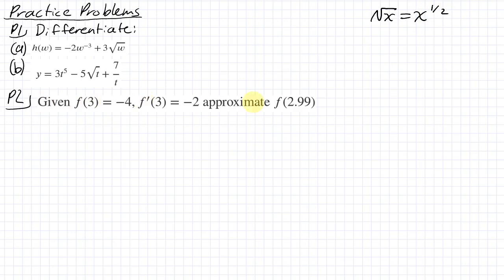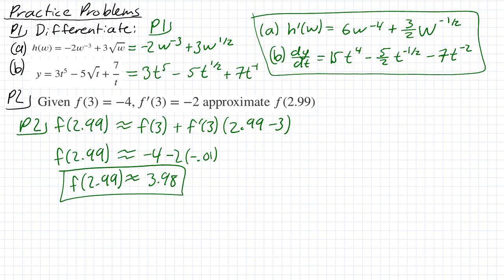And then for this one, use the fact that 2.99 is close to 3, so f of x is approximately linear, so you can use a linear approximation to find this. And pause it and try these now, because the answers will appear in 3, 2, 1.